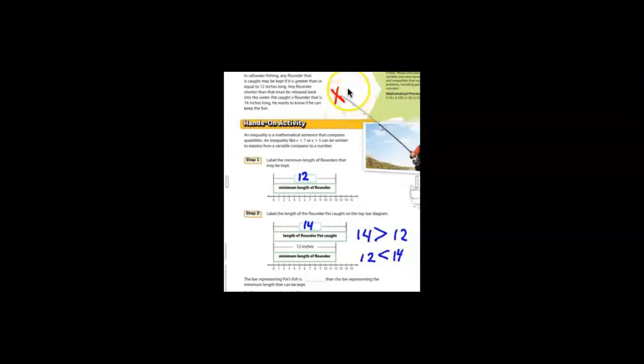So x has to be greater than 12. Anything greater than 12. But actually, it said it could be equal to 12. So a better rule would be x is greater than or equal to 12 is the inequality that we can use to describe the length of fish that we can keep. And that's the 6th grade level of this skill.